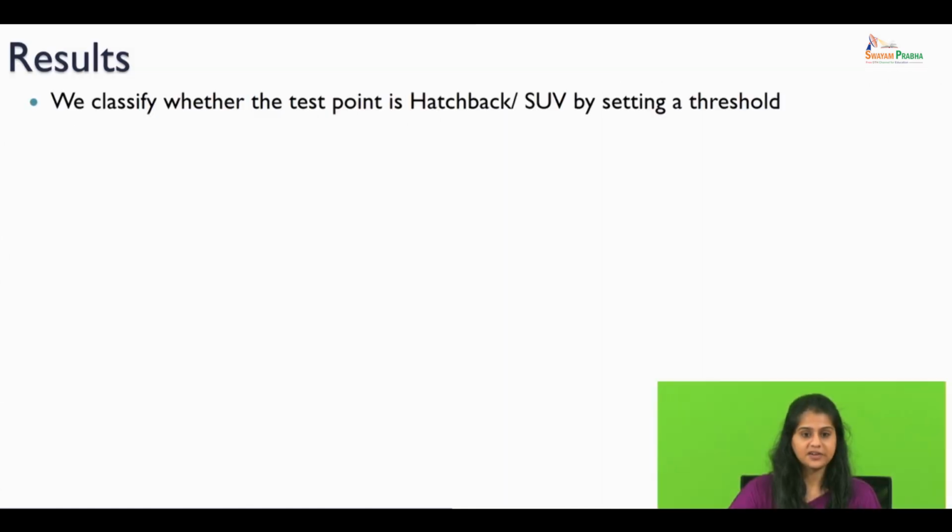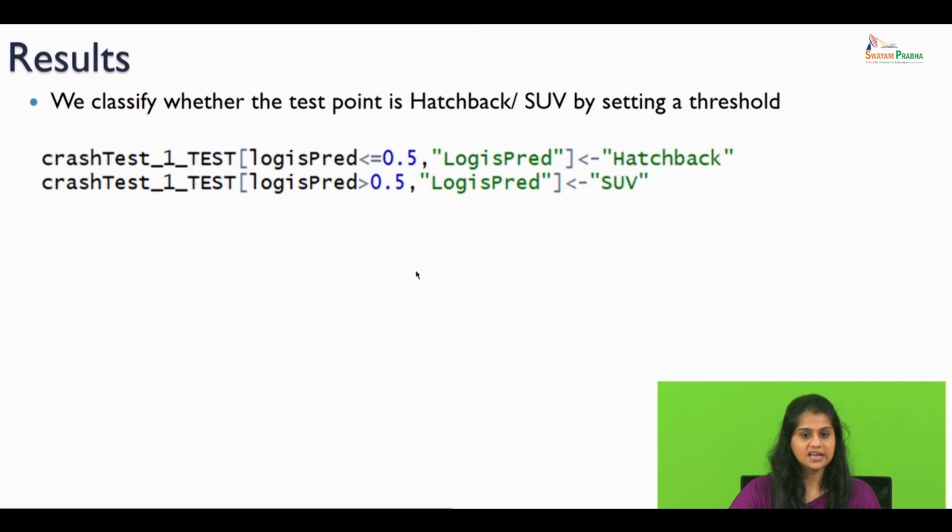Now we want to classify whether the test point is hatchback or SUV by setting a threshold value. In this case I am going to set a threshold value of 0.5.